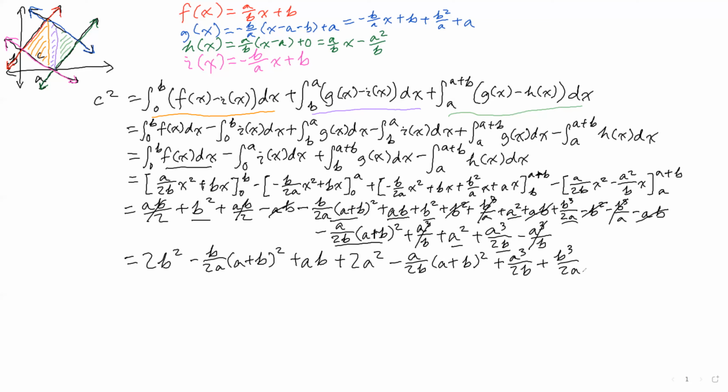Alright, so that's pretty simple. This would expand out to a squared plus 2ab plus b squared, and b over 2a times that would be, first let's put these at the front, 2b squared plus ab.